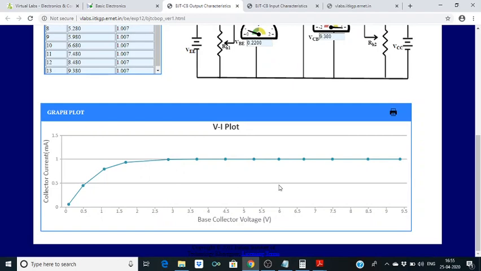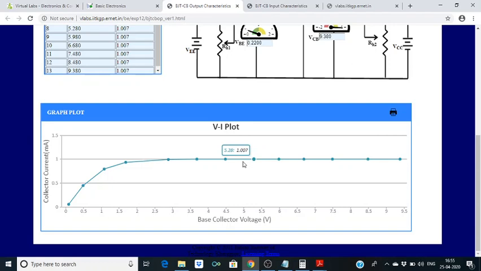So we can see this output characteristic. This region is the saturation region, so current is increasing with respect to voltage, but after this is the active region, so there is no change in current with respect to change in output voltage.